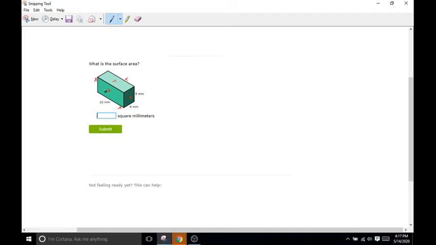So first, let's find the area of this rectangle. Remember, area of a rectangle is just base times height. This one is going to be 10 times the height of 5. The shape is 5 millimeters tall, so 10 times 5 is 50. This rectangle here is 10 by 4, so 10 times 4 is 40.